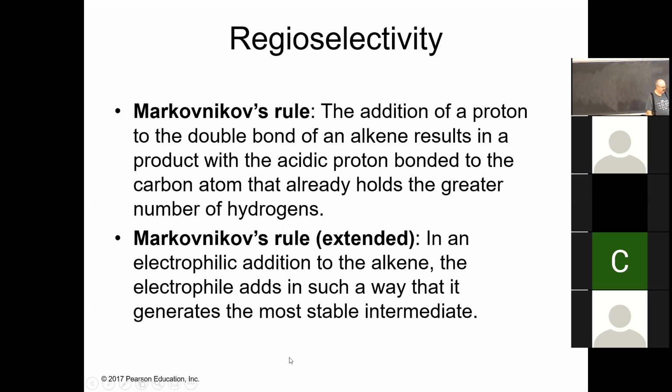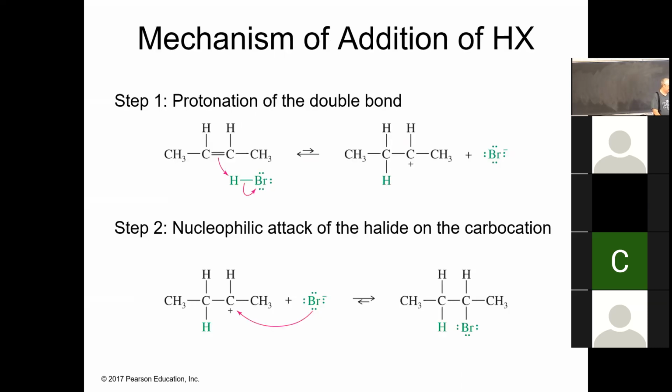But if you consider that we're forming a product in which the most stable intermediate influences the particular positional isomer, then that takes that into account.